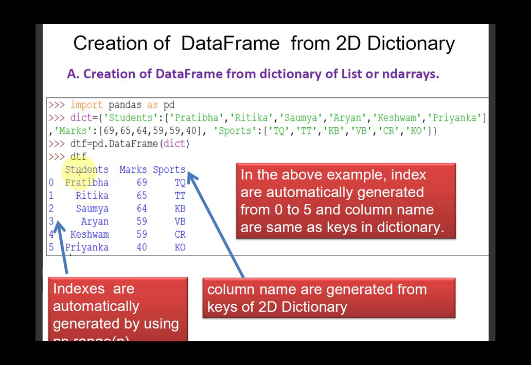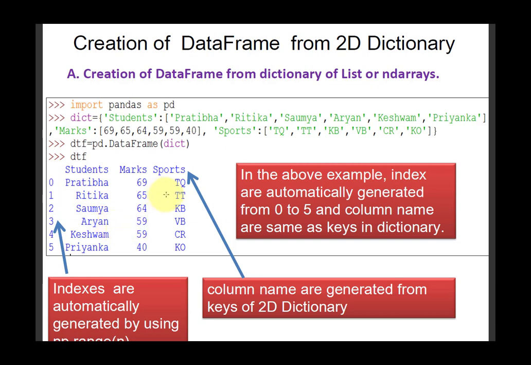There you can see the student names, marks values and sports values, and its index 0, 1, 2, 3, 4, 5. When you do not pass the index, it is created automatically. So indexes are automatically generated 0, 1, 2, 3 because I did not pass any index value.